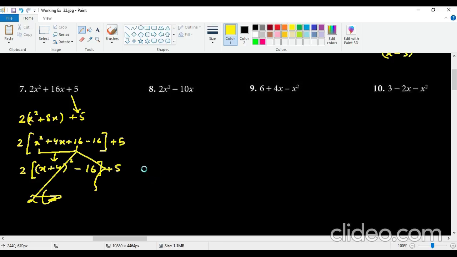First it is multiplied by this to make it 2(x + 4) whole square.